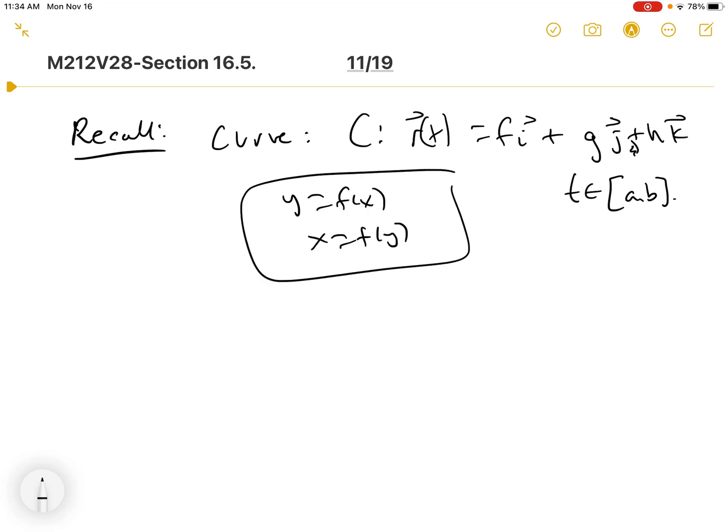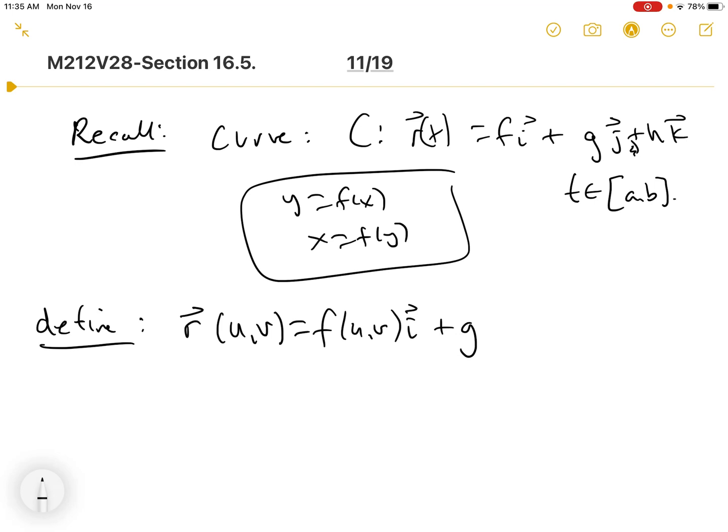Now to define a surface, we take a vector with two parameters, u and v, and we just apply what we know like this, okay?